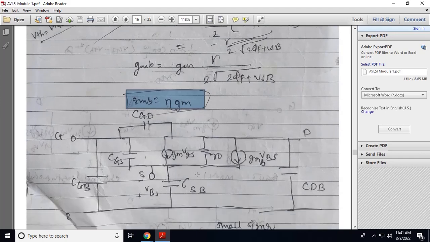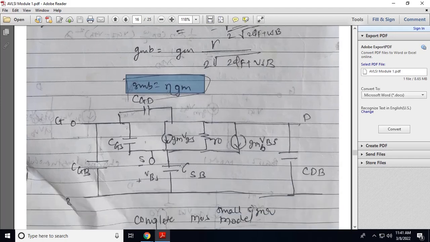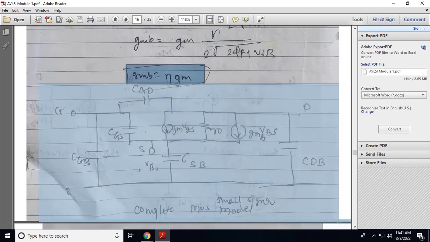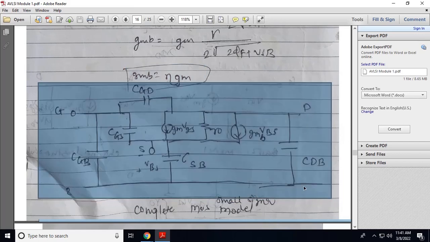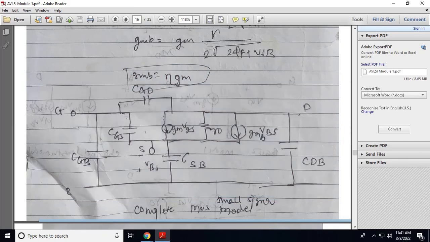So we can draw a complete small signal model for the transistor, that is the small signal model with capacitors between the terminals. So ID is represented by a voltage dependent current source. This is the output resistance of the transistor R0, that is equal to 1 upon lambda ID. This is the current source due to the body effect, a voltage dependent current source GMB into VBS.